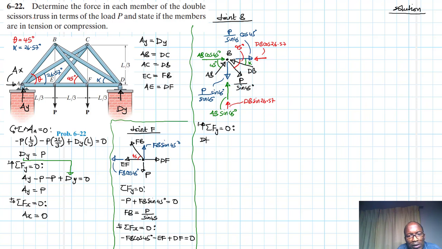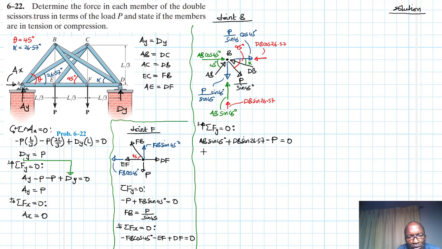Let me start with AB sine 45 plus dB sine 26.57, and then minus P. This sine and sine will cancel, so it's just minus P. I'm just writing the result in advance. So minus P equal to 0.